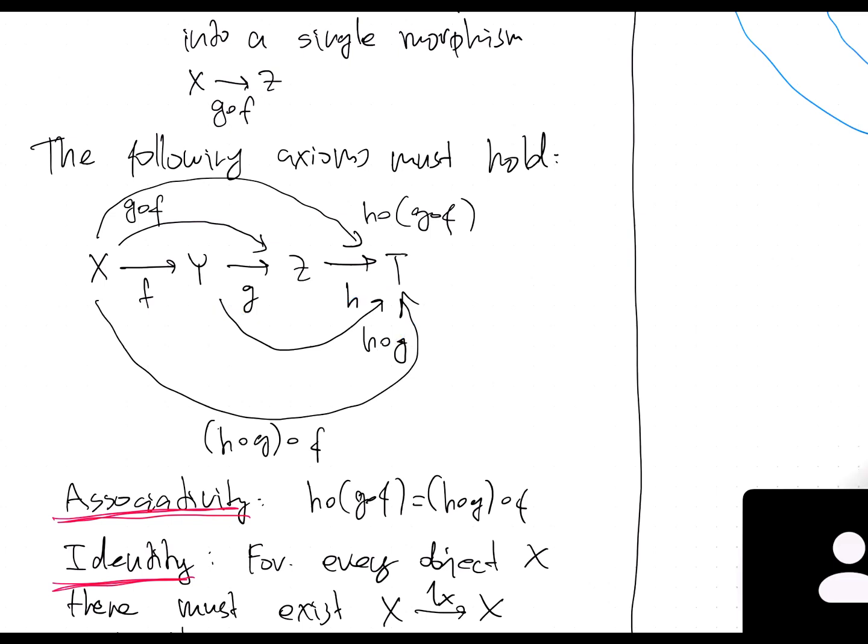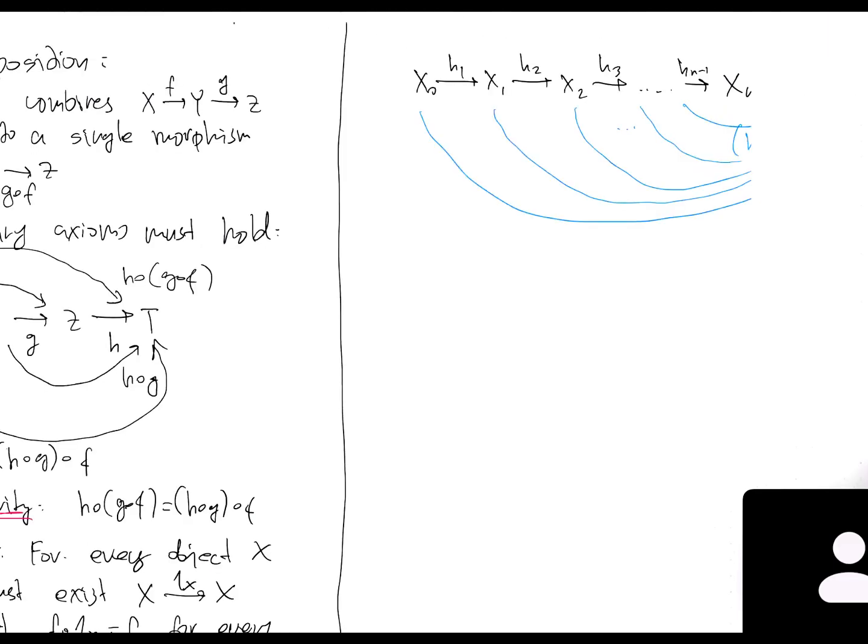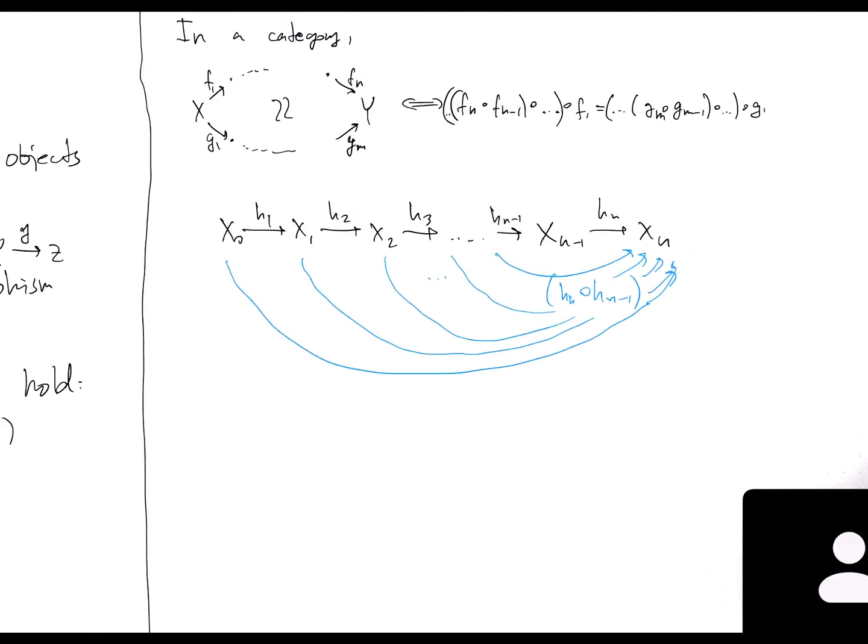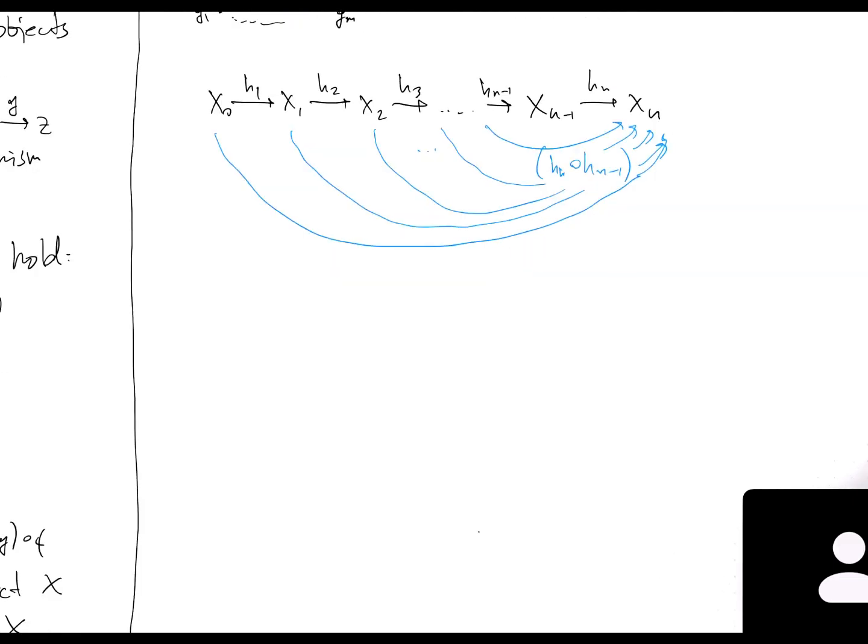And the effect of that is that even for a longer path, such order wouldn't matter. So for instance, if I had something of length 4, let's say I've got my h path being of length 4. So h1, h2, h3, and h4.